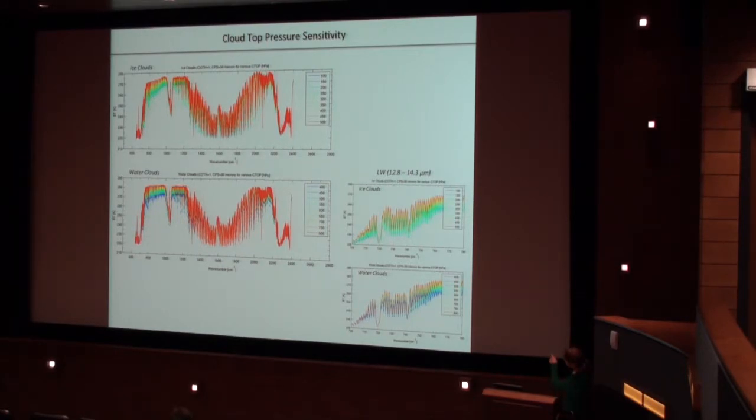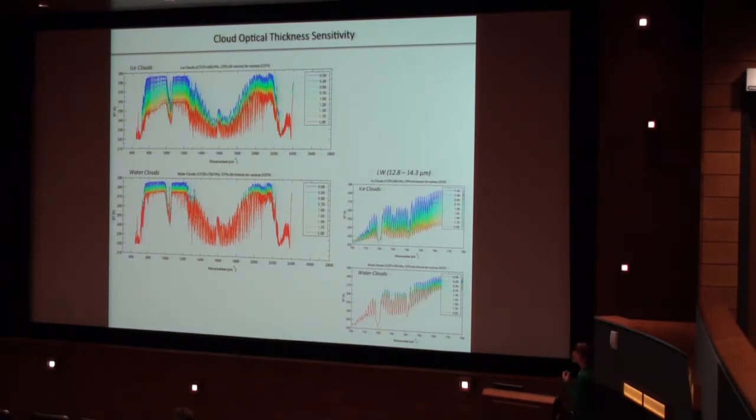The smaller images on the right show the long-wave CO2 absorption band in a little more detail. What we can see is that for low clouds, look at the water cloud panel, it's really difficult to distinguish those from clear skies. And the same is true for clouds with very low optical depth.